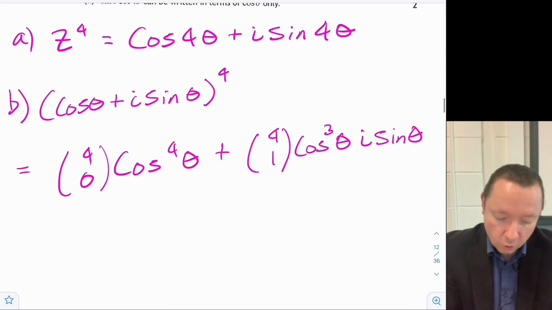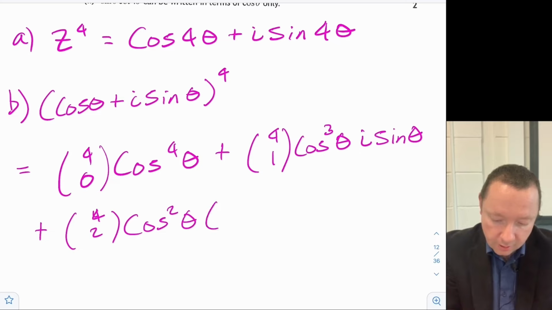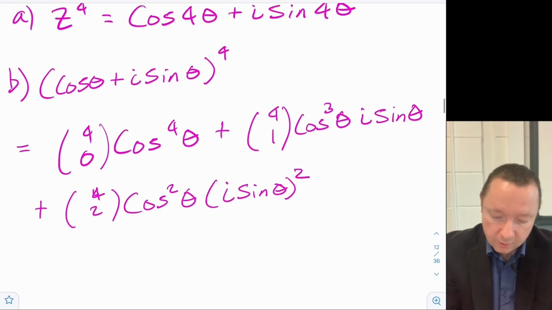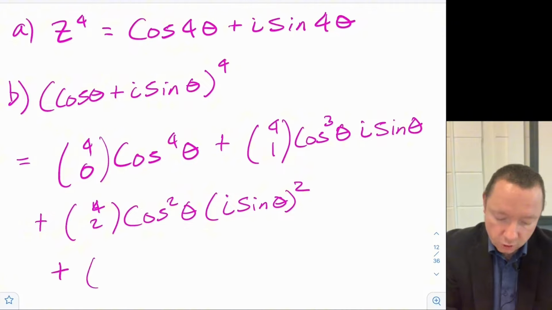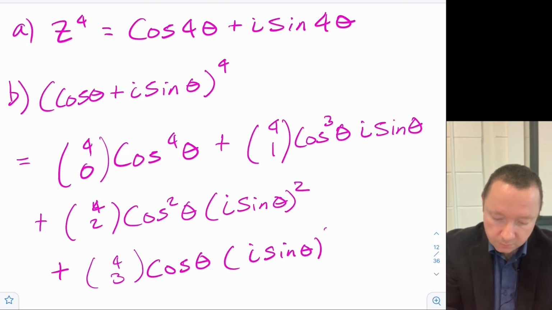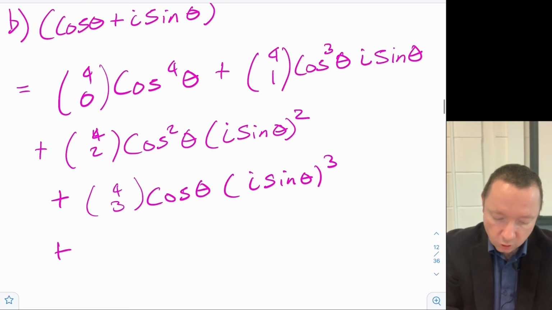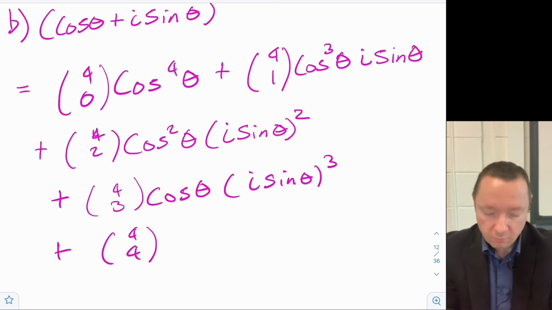And then we'll have 4 choose 2 of cos squared theta, i sin theta squared, which we'll work out in a minute. 4 choose 3 of cos theta, i sin theta cubed. And lastly, 4 choose 4 of just i sin theta to the power of 4.